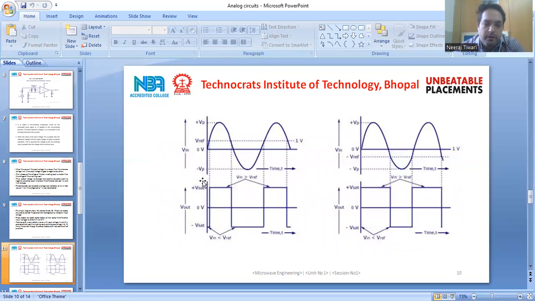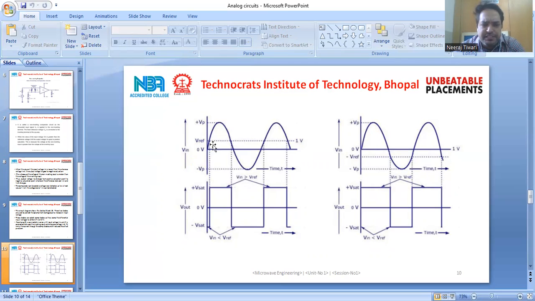Now if we look at the output of the comparator, first of all we have to notice the input voltage, and the input voltage we have taken as a sinusoidal signal. You can see here it is varying with time. This waveform varies with time.